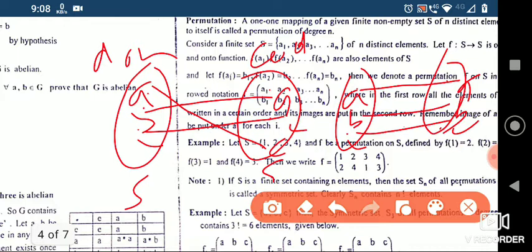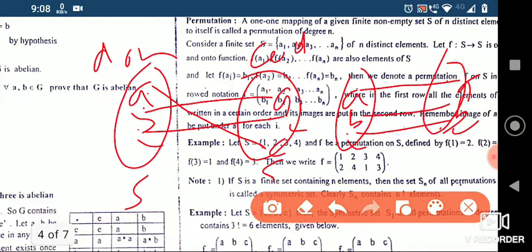Here we did a to c, right? Next time we can do a to b, or we can do a to a itself. Then for b also we have 2-3 options, right? For c also we have 2-3 options. So in how many different ways we can have, that is called permutation. How many different types of combinations we have, that's what we are trying to find.